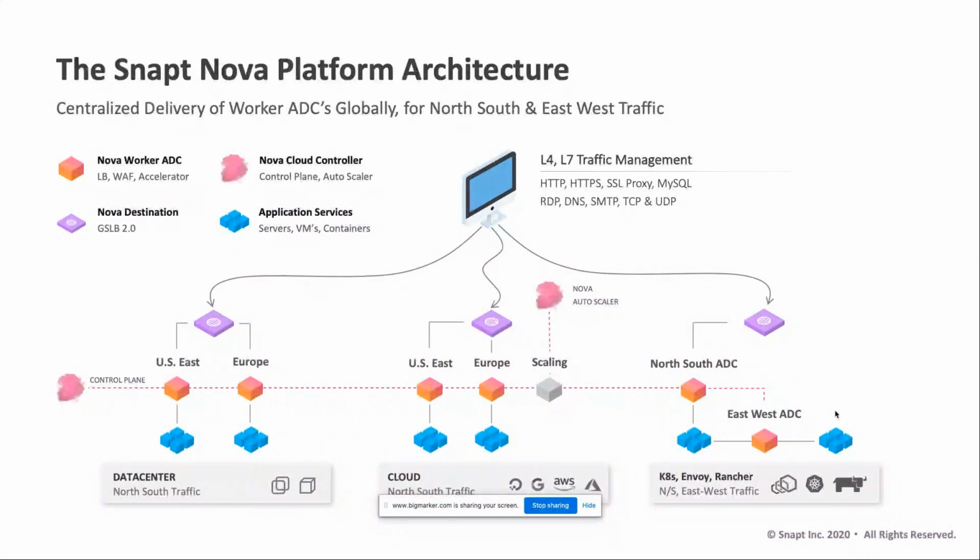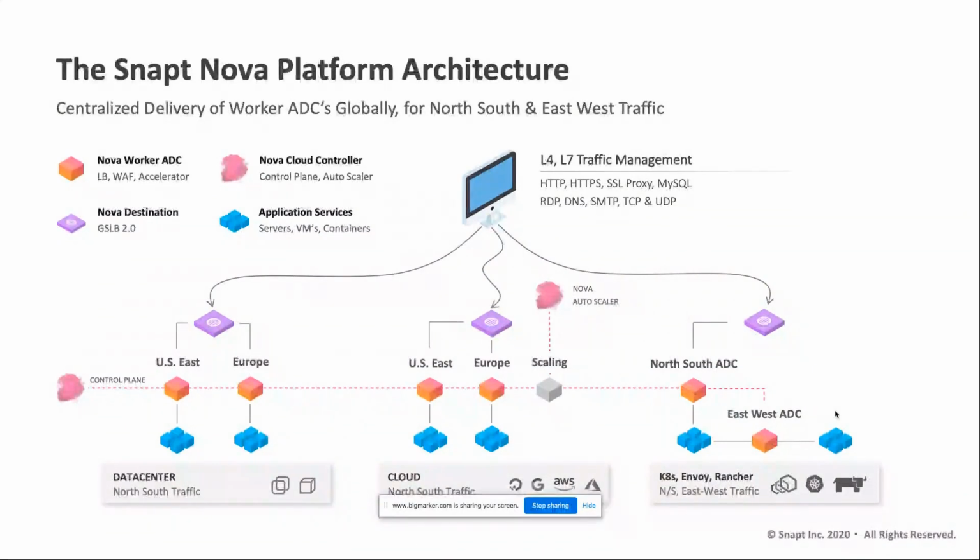That could be deployed on servers or, of course, virtual machines, ESX, KVM, and Hyper-V. In the middle section, we have a cloud deployment of that same application. Now, that could be DigitalOcean, Google, AWS, and Microsoft Azure. And lastly, at the bottom right, we can see also a container-based deployment running Kubernetes, Envoy Proxy, and Rancher.